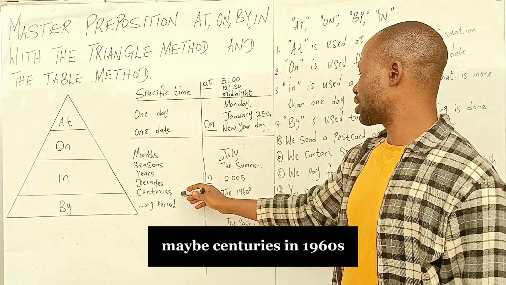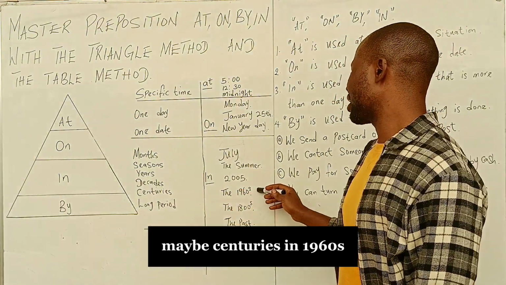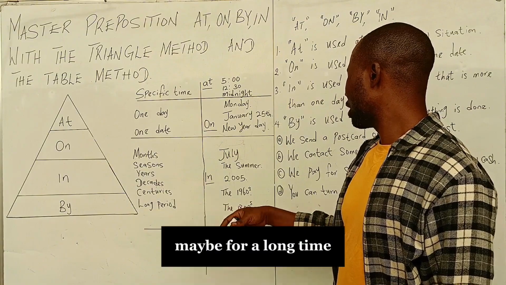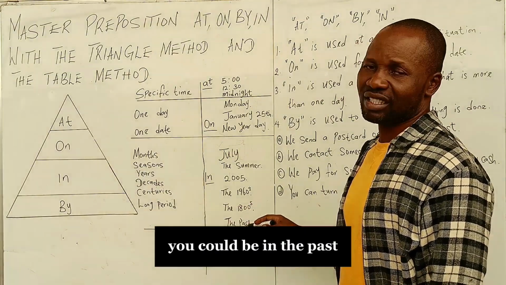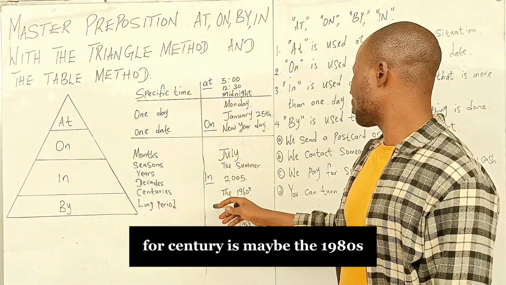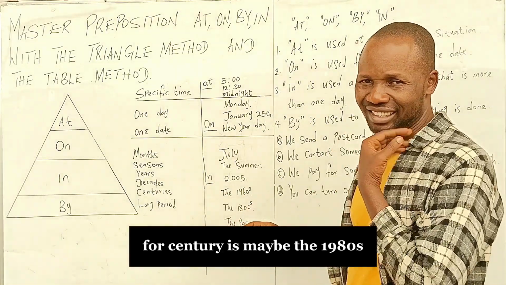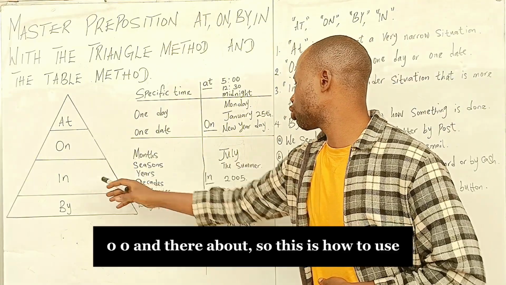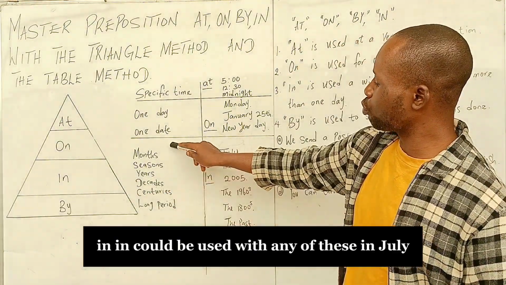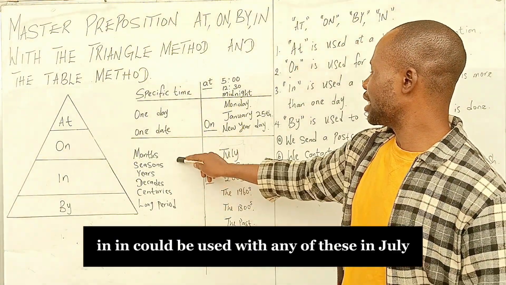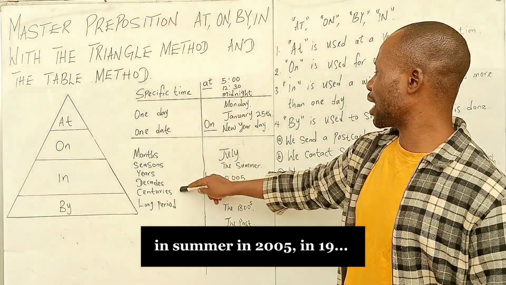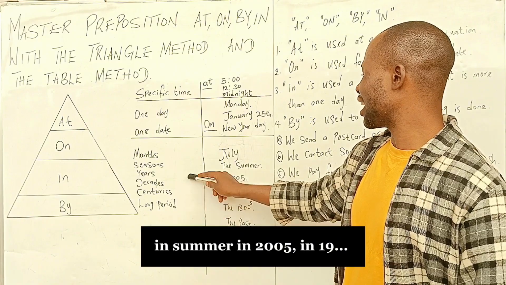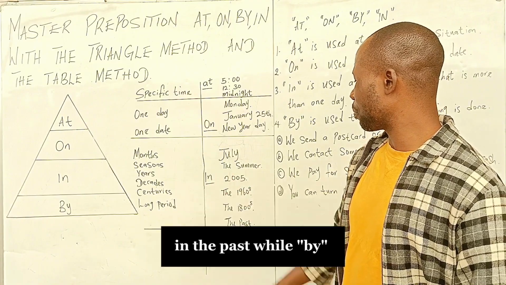Maybe in centuries, in the 1960s. Maybe for a long time, it could be in the past. For centuries, maybe the 1980s and thereabout. So this is how to use in. In could be used with any of these: in July, in summer, in 2005, in the 1980s, in the past.